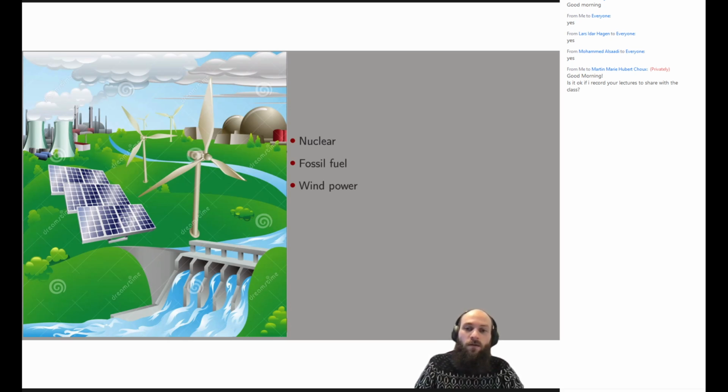So it's wind, and then it's PV cells. And lastly, it's also hydropower. And here we need a dam and a reservoir. And as you might know, in Norway, we have 98.5% of the electricity, at least in 2008, that was produced by hydropower.